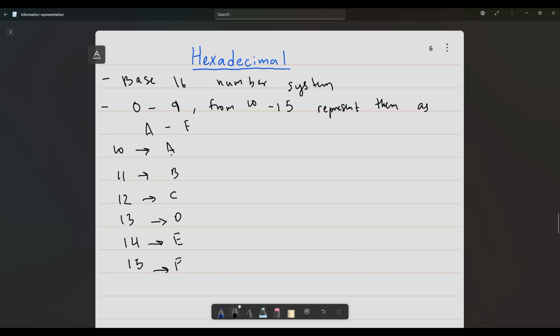These are just the characters we use to represent numbers here.